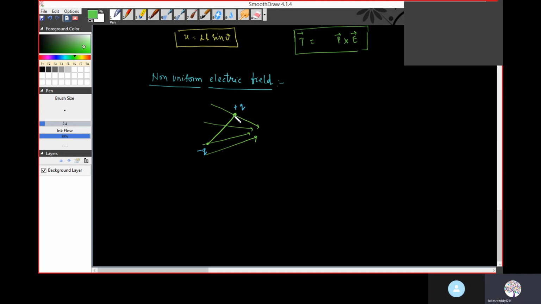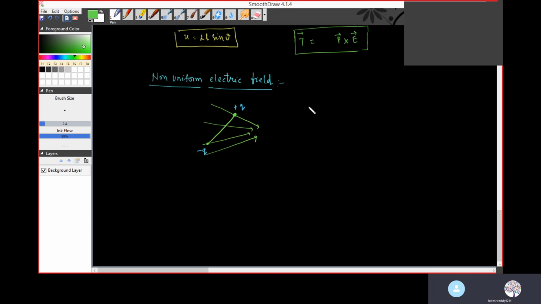Now here the force is qE. Here the electric field is more, here it is less, because here the field lines are closer, so the electric field is more. Here the field lines are farther, so the electric field is less.